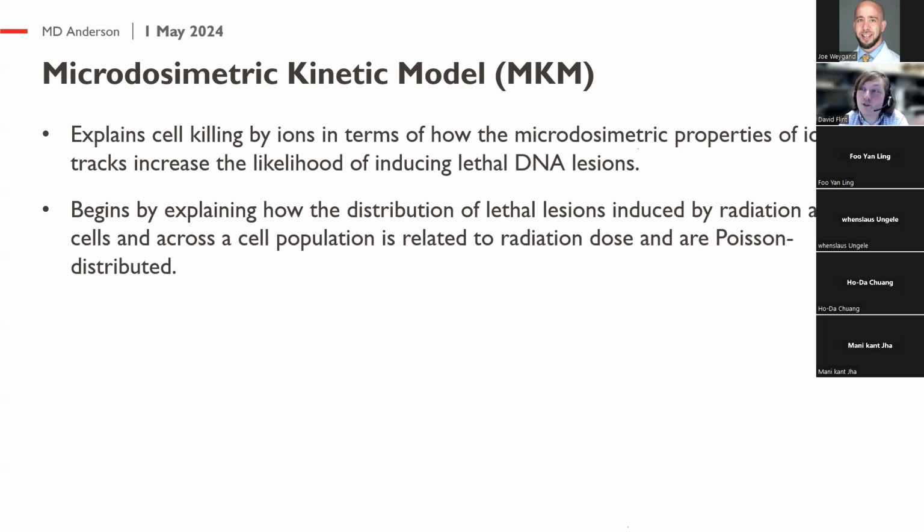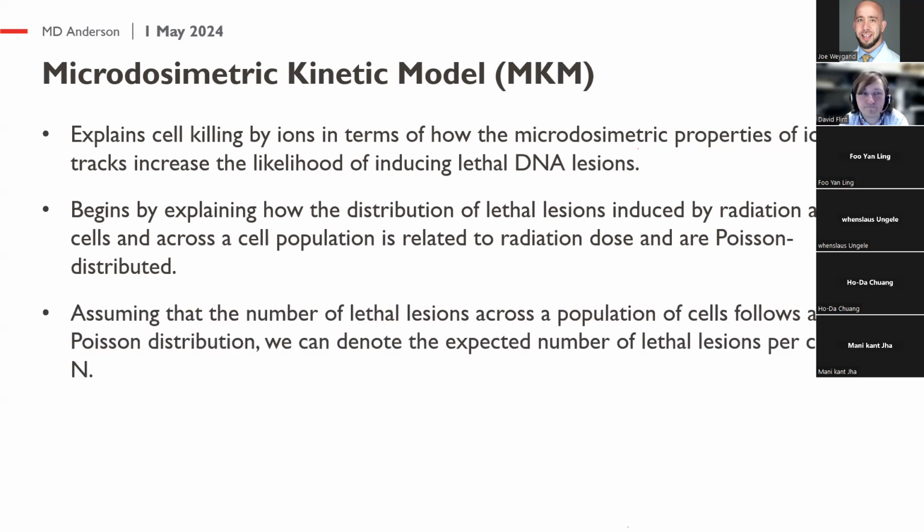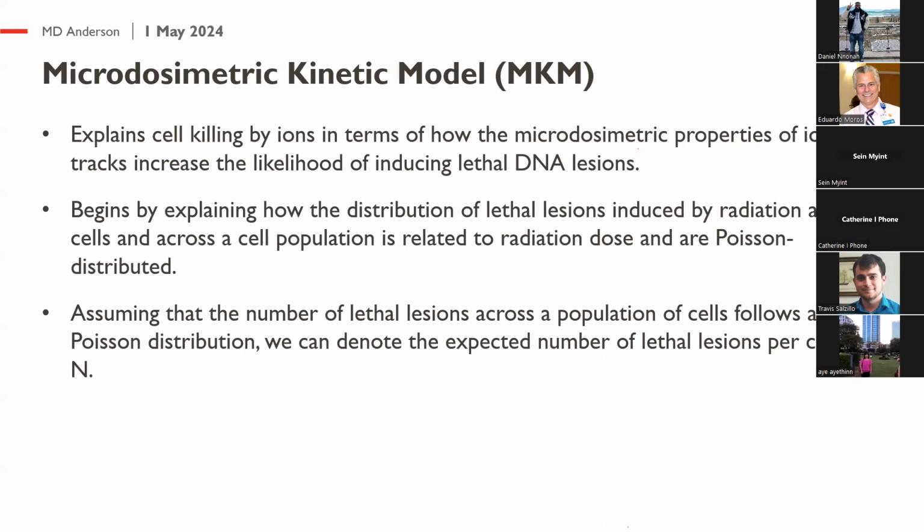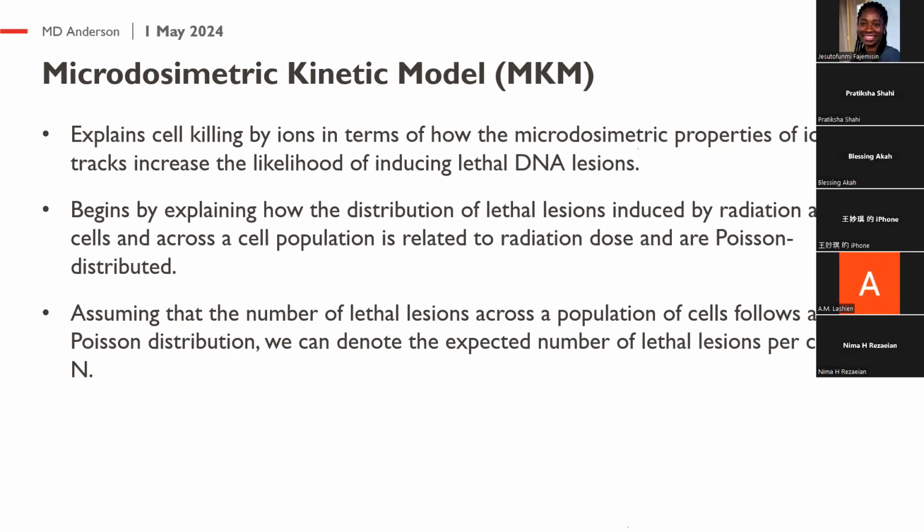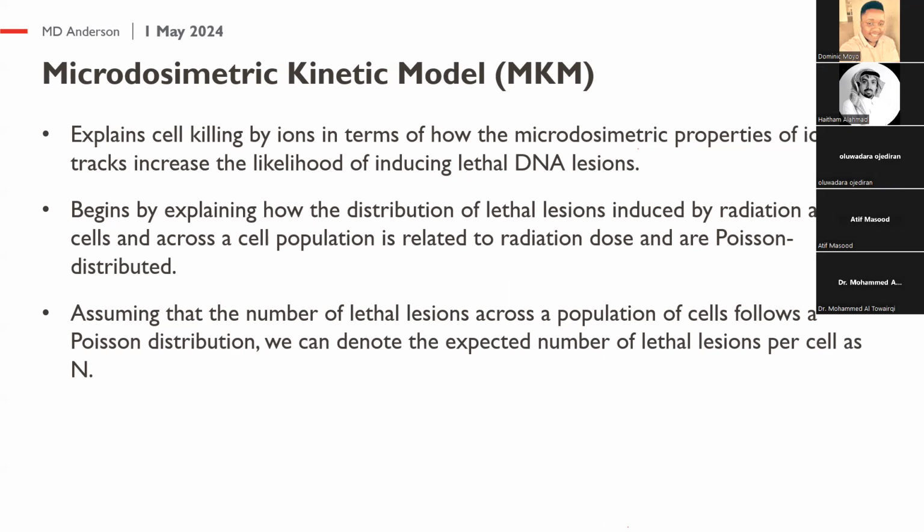We also assume that the distribution of lethal lesions per cell, and across a population of cells, follows a Poisson distribution. Under this assumption, you can denote the expectation value of the number of lethal lesions induced per cell, and we'll just call that N. You can do that for any type of radiation. It doesn't need to be ions. You can just say the average number of lethal lesions in my population of cells for a given radiation field is this value N.